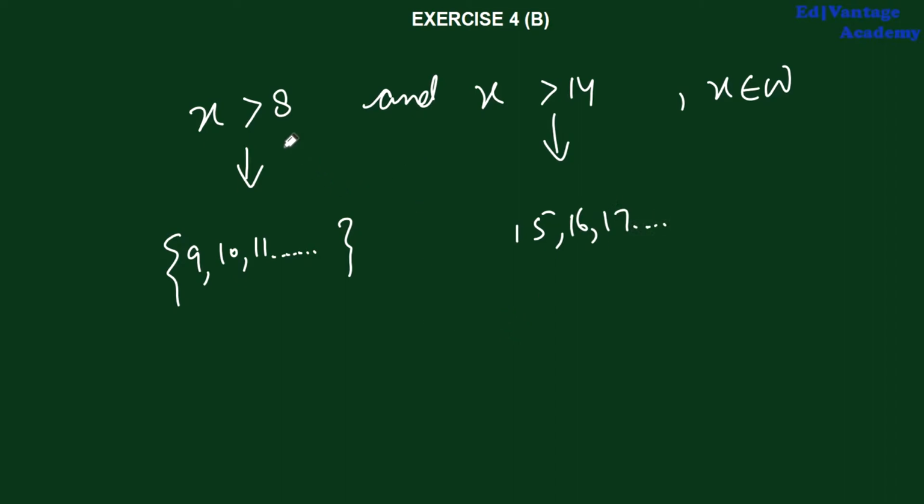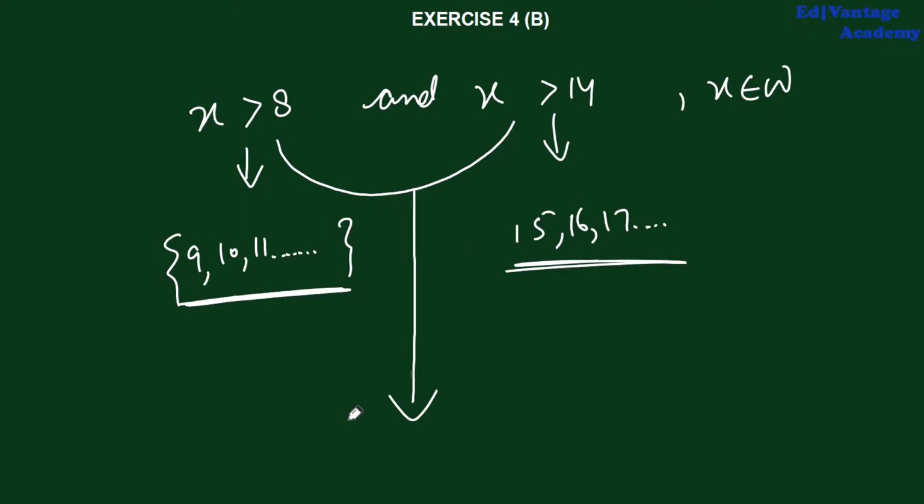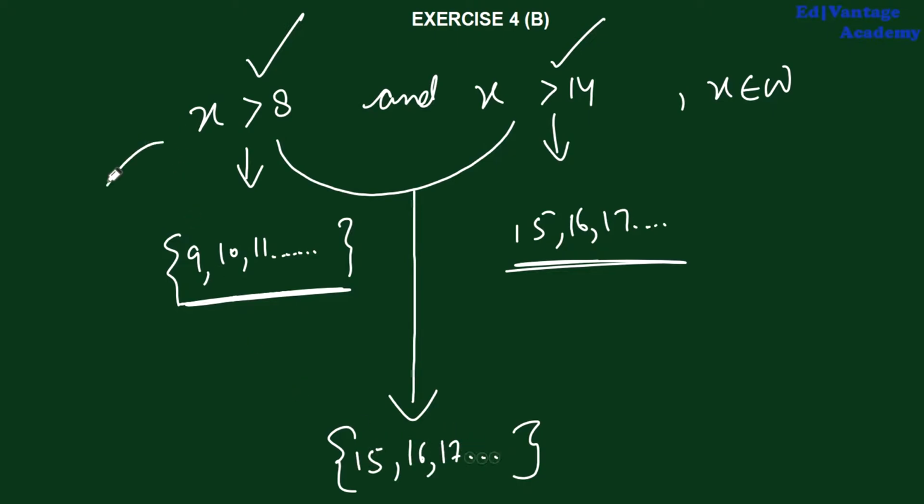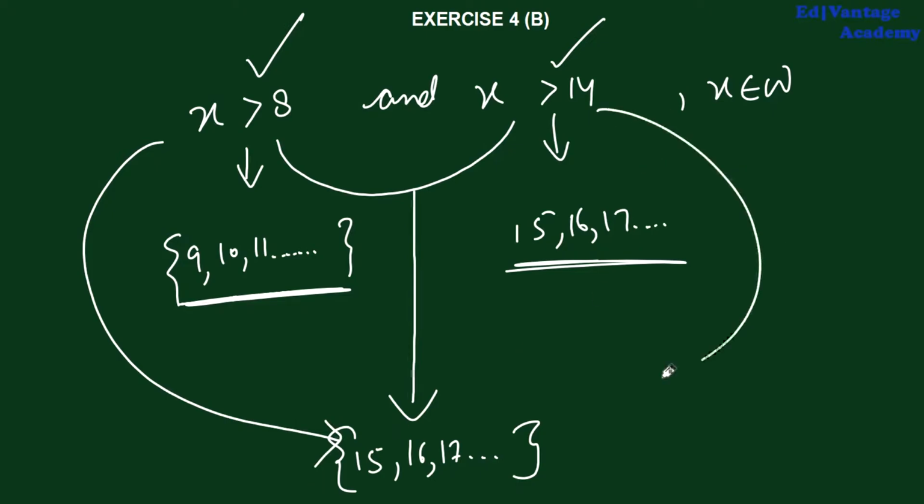But I have to write x is greater than 8 and greater than 14. So if I club the answers, x has to satisfy this answer also and this answer also, this solution set. Definitely if I write 9, 10 and so on, it doesn't satisfy this one because x is greater than 14. But if I write 15, 16, 17 and so on, this also means x is greater than 8 and this also means x is greater than 14, right?